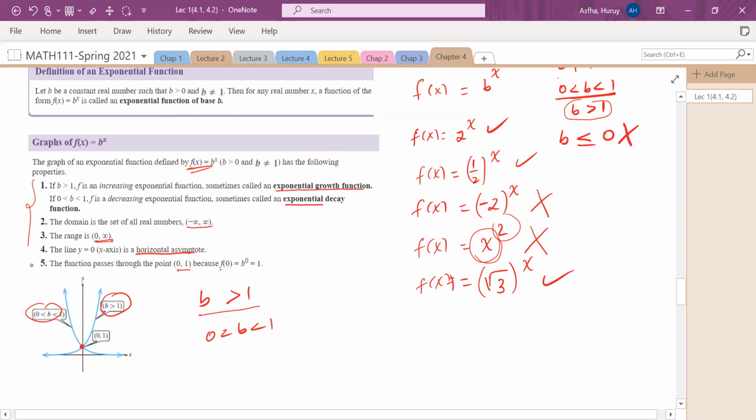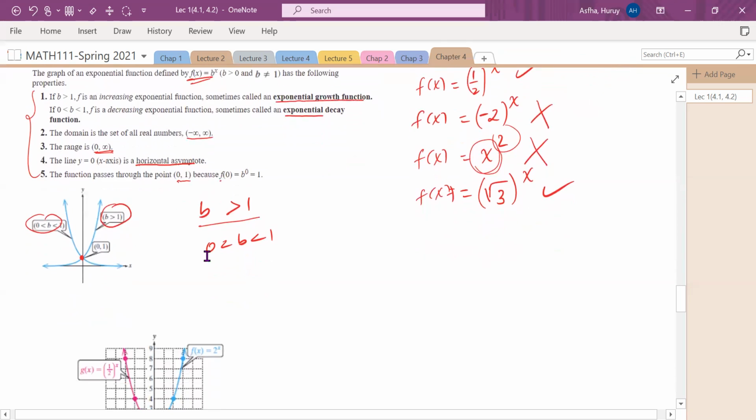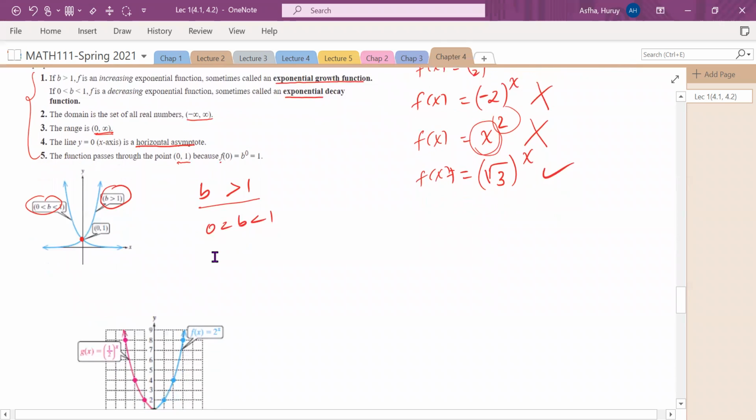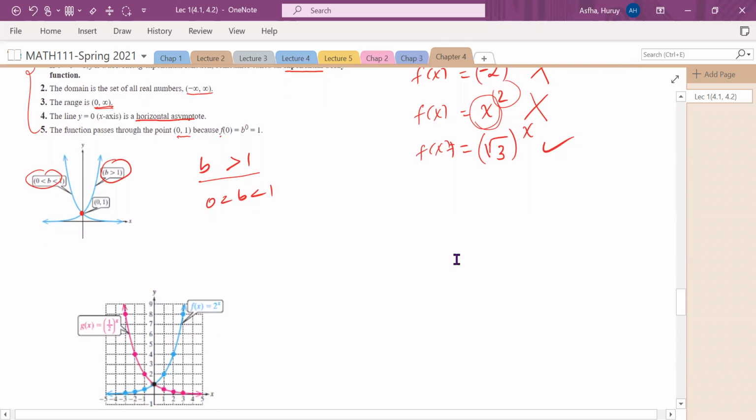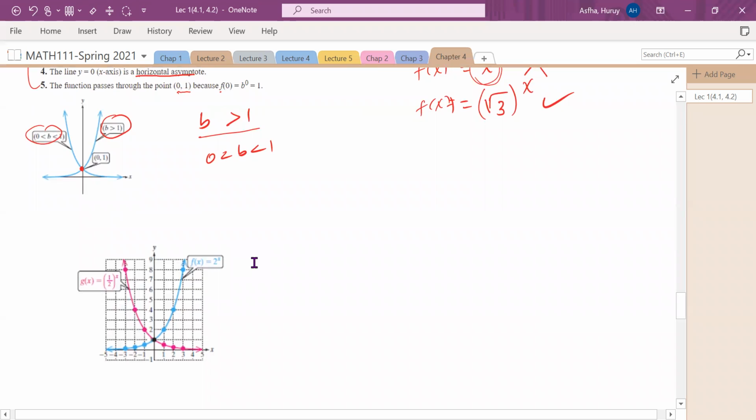So these are the properties of an exponential function. And if we know these properties, then it could be much easier to draw the graph. So an example is, here we have f of x equals 2 to the power of x. As you can see, the base b here is 2, which is greater than 1, and we have an increasing function, which is an exponential growth function.